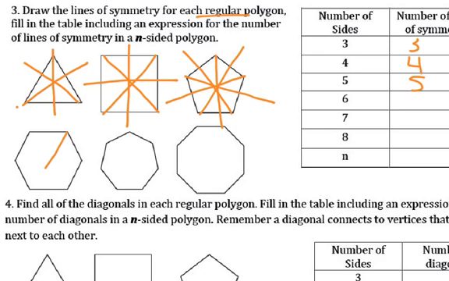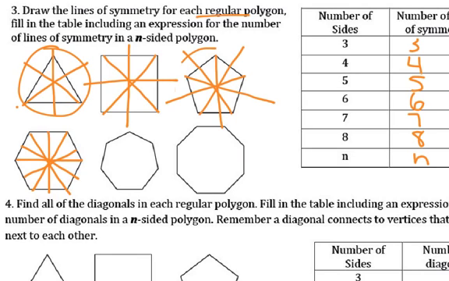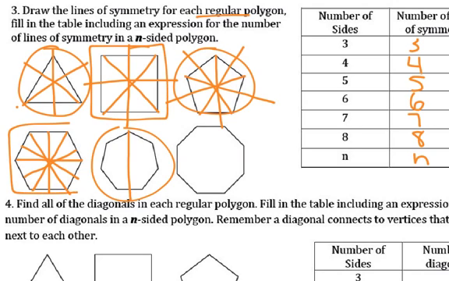For a hexagon, 1, 2, 3, 4, 5, 6. There would be 6. So I think it's pretty apparent that we have 7, 8, and so that would just be n. Something else to notice: for all the odds, they go from a vertex to a midpoint, whereas the evens are able to go vertex to vertex and midpoint to midpoint.